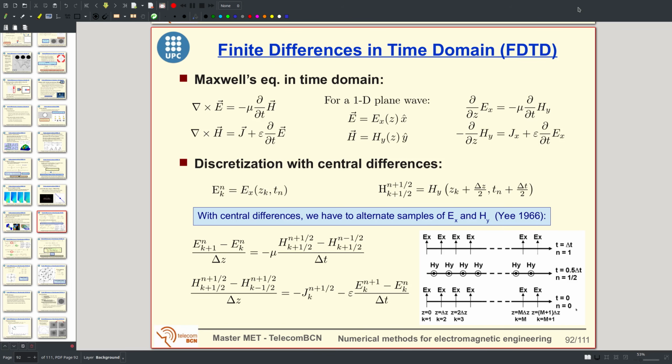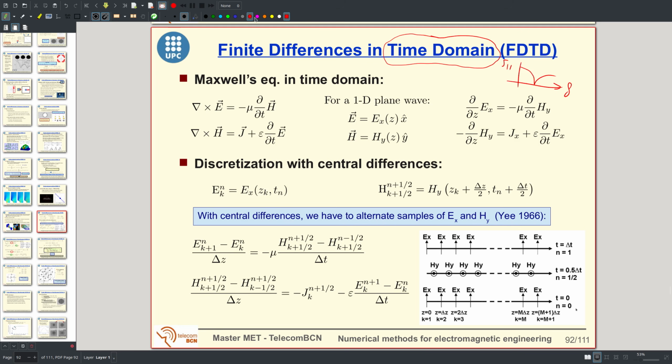And we will finish differential equation methods with a third option, the finite differences in time domain method, that is also a method that is widely used because, since it is in time domain, remember that methods in time domain are very good for a wideband analysis of whatever parameter we want to compute. For example, imagine that you want to get the reflection coefficient of an antenna as a function of frequency.